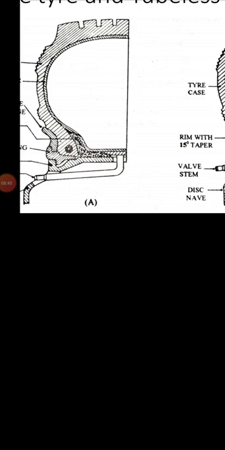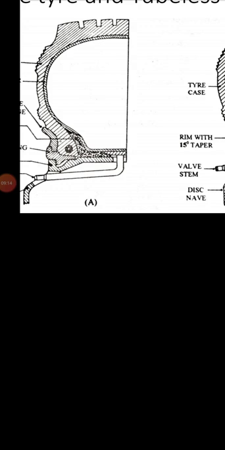What is the rim taper angle? We have discussed it in our previous lecture. The 15 degree angle rim, U type drop center with 15 degree tapering, that we had already discussed in our previous class.